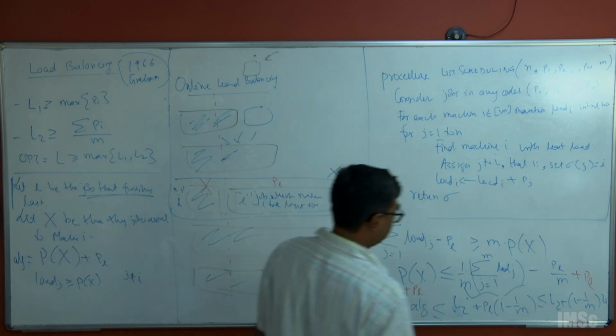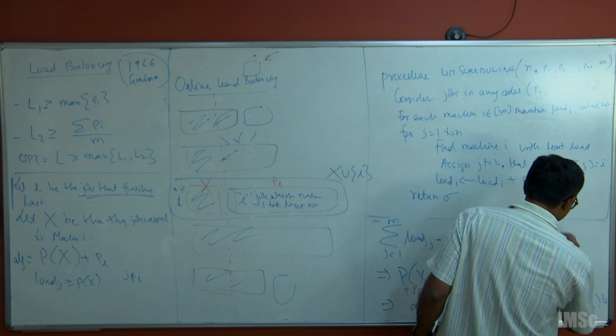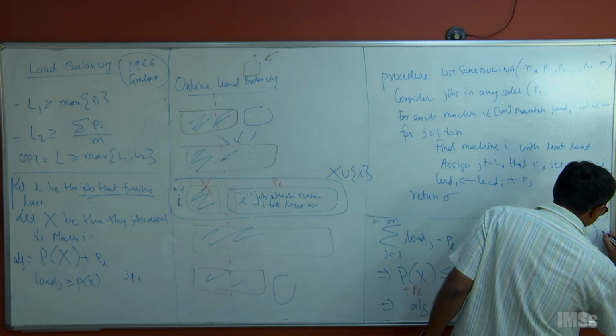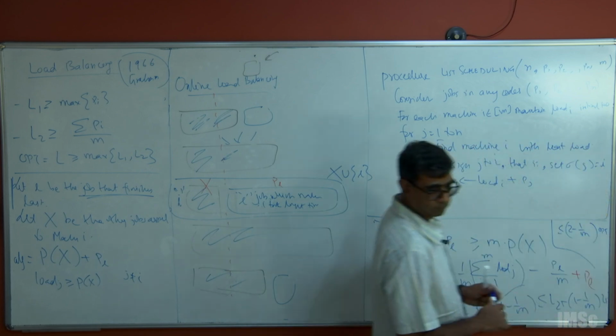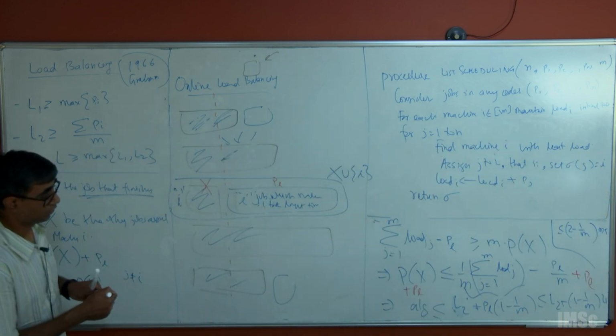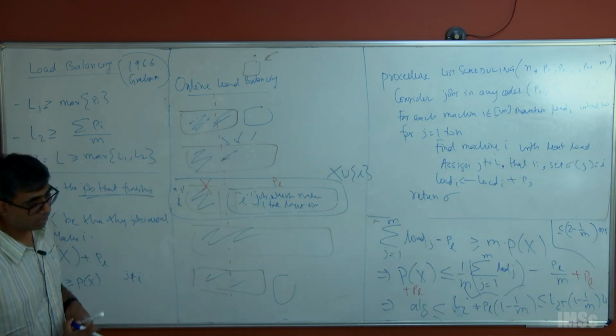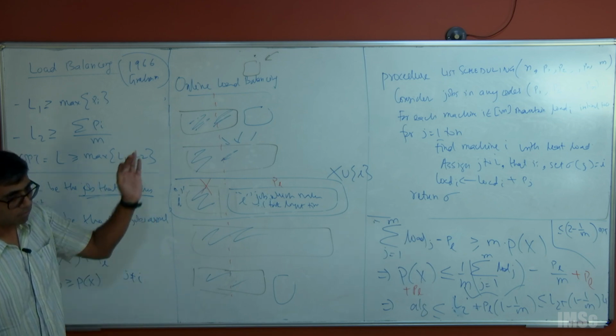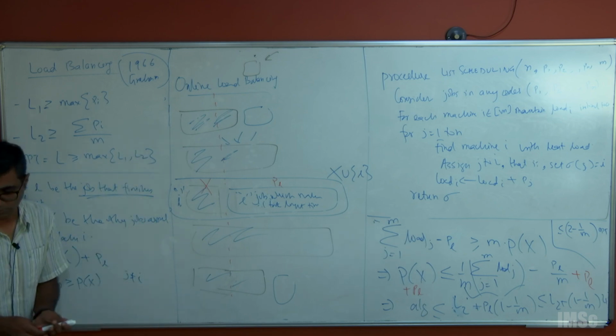So I'm getting that this is less than or equal to opt times 1 plus 1 minus 1 over m, because L2 is less than or equal to opt, and L1 is less than or equal to opt. So it is 2 minus 1 over m.